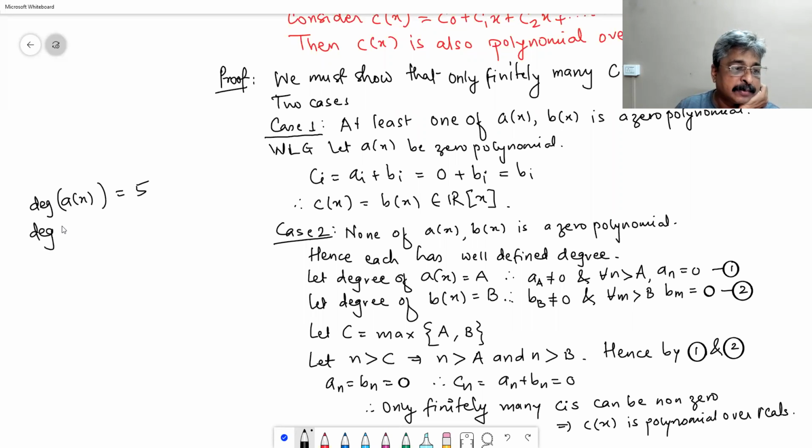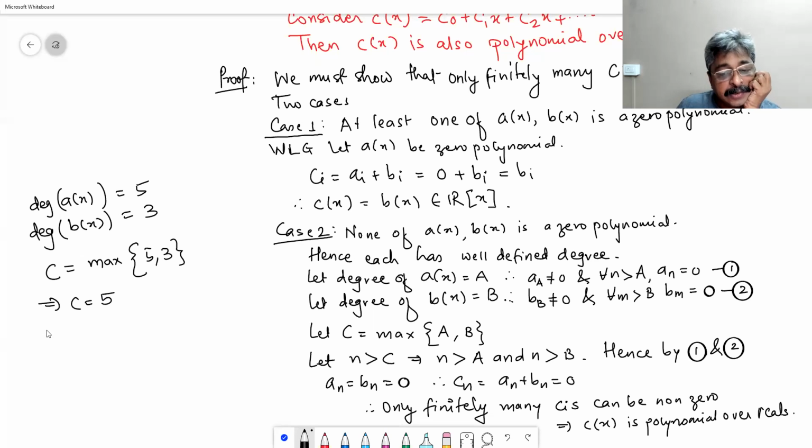Degree of b of x is equal to 3. So capital A is 5, capital B is 3. Now let capital C be equal to maximum of 5 comma 3. So what will be the value of C? C will be equal to 5, right?